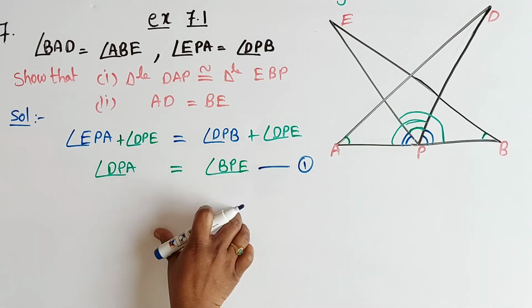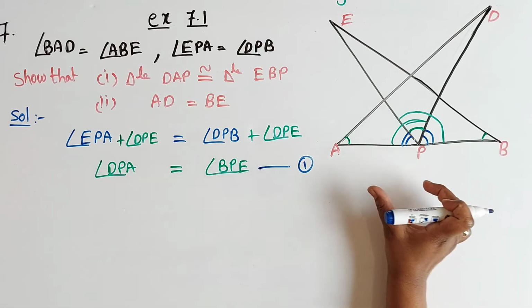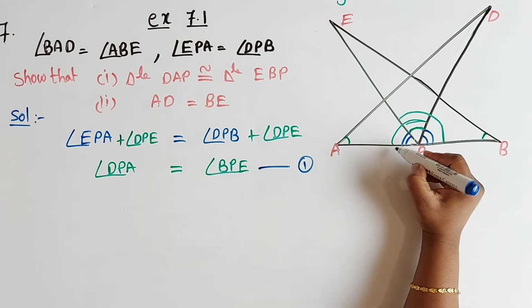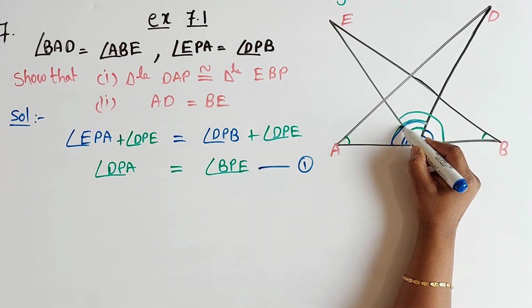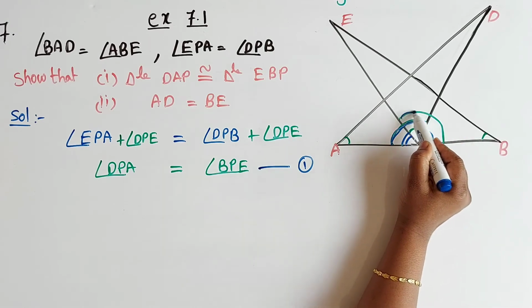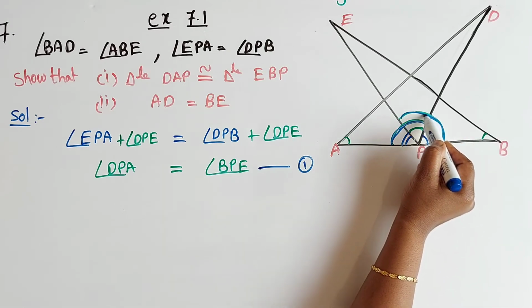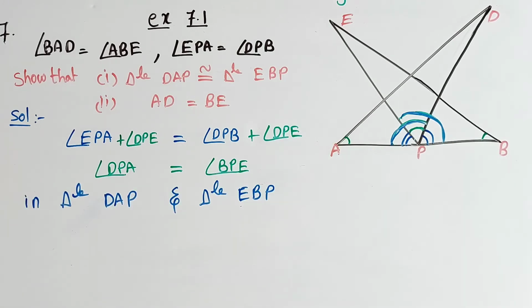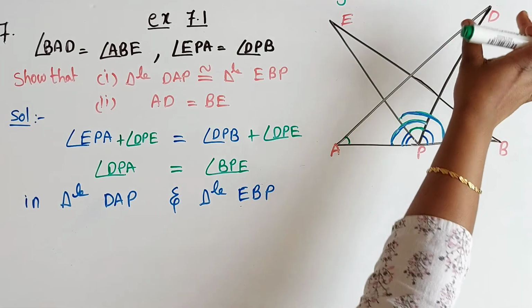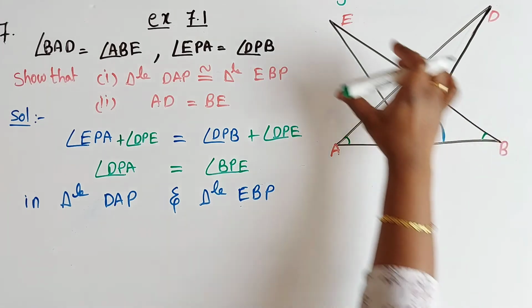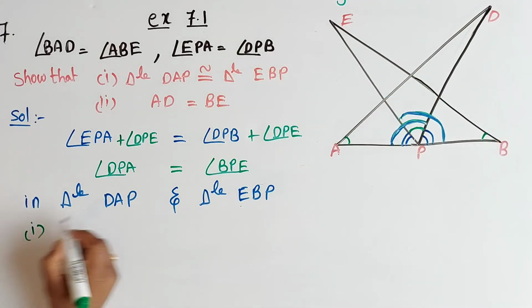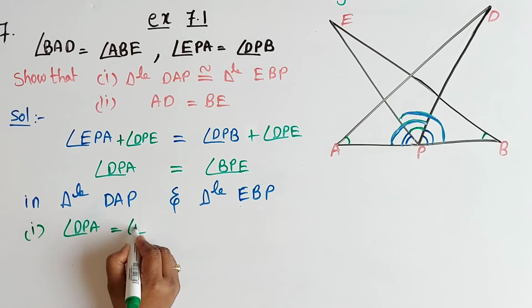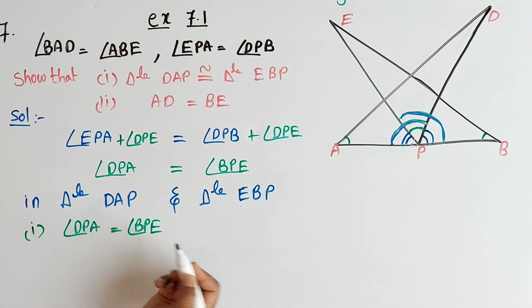These both angles are in the triangles, triangle DAP and triangle EBP. See, this is in triangle DAP and this is in triangle EBP. Now we are comparing triangle DAP, children, and triangle EBP. What is the first point? Just now we proved that angle DPA equal to angle BPE. Correct?